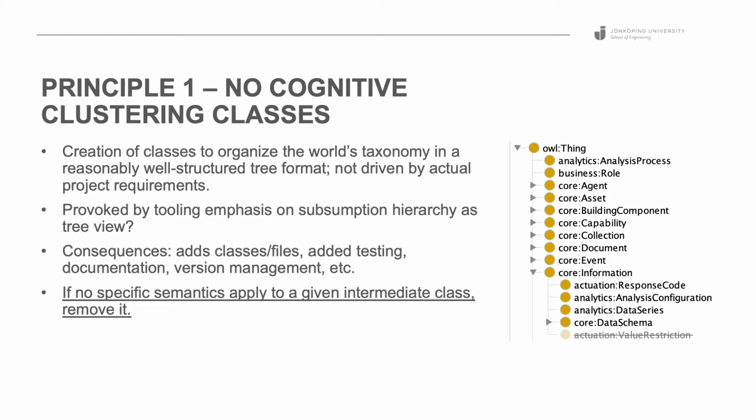So here the guideline, and the principle, is: if there are no specific semantics that apply to a given intermediate class in the hierarchy, don't use it. And in this case, if we could have properties perhaps that point to or point out of information individuals, then it might be useful to keep it. But as it happens, we don't. So this ought to be removed.